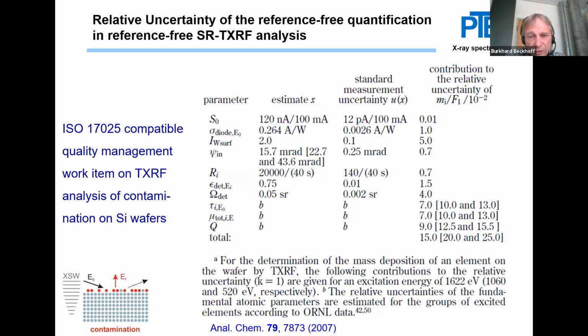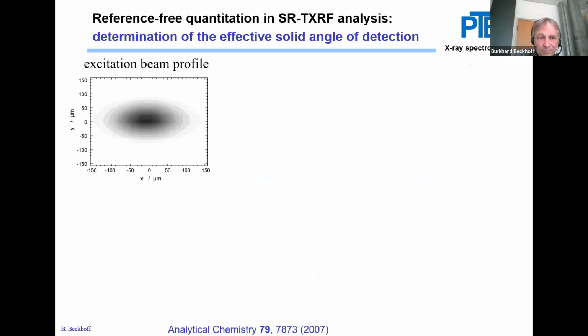The main contributors here are the knowledge of the X-ray fundamental parameters. So by reducing those values, moving from literature data to our own data, one can bring down the overall uncertainty.